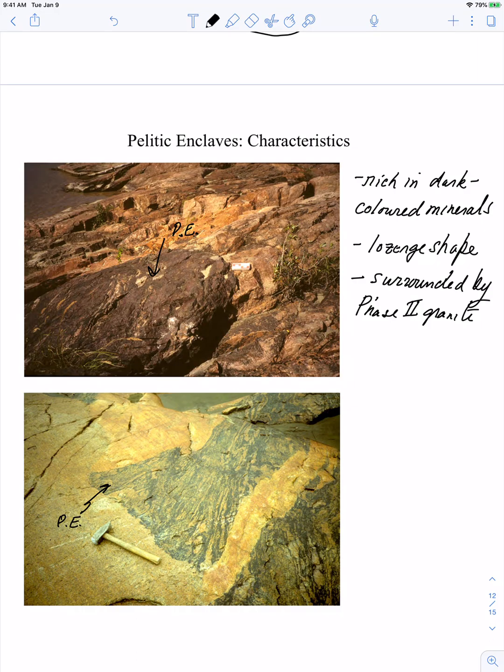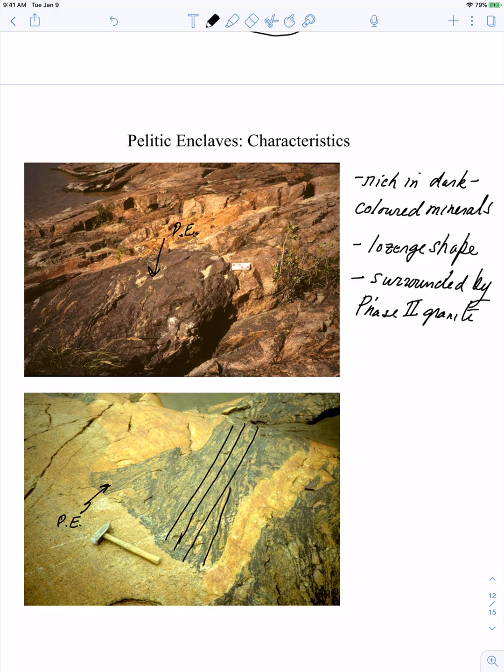Okay, and the third observation is best seen on the polished surface of that lower photo. If you look carefully at that politic enclave, you can see a banding to it. There's a layering, a metamorphic layering to it, defined by that dark blue colored mineral alternating with that sort of orangey colored mineral. If I just trace it out, the layering is oriented something like this.